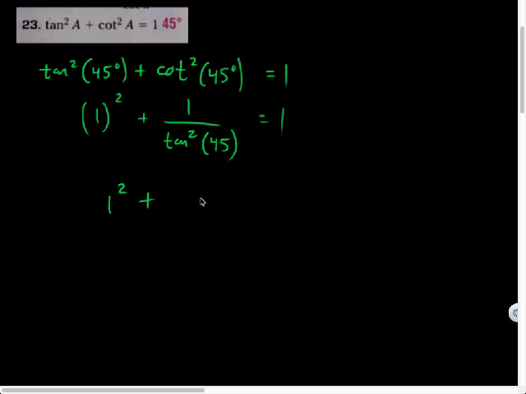So this is 1 squared plus, what is tan of 45? 1. So 1 squared equals 1. Eventually I'm just going to get 1 plus 1 equals 1, which hopefully we recognize is not true. So 45 degrees is a counterexample to this being an identity.